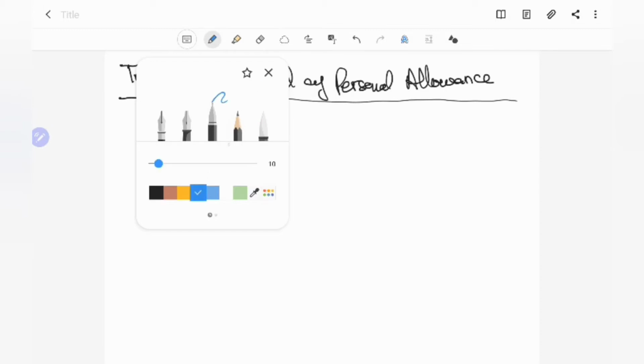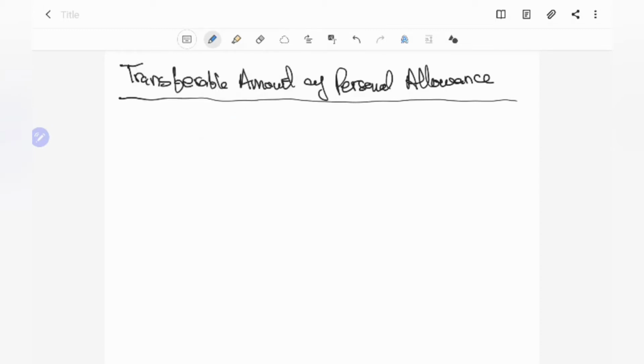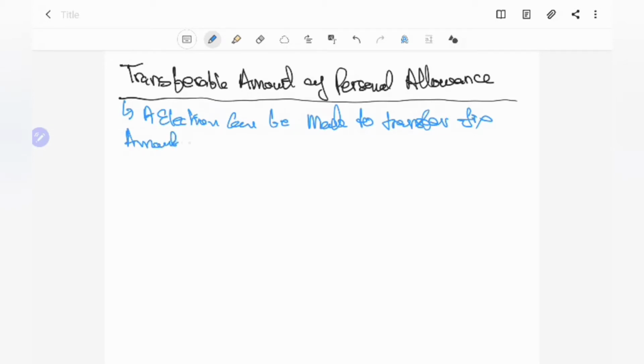Transferable amount of personal allowance, well, an election can be made to transfer a fixed amount of personal allowance to a spouse or civil partner.